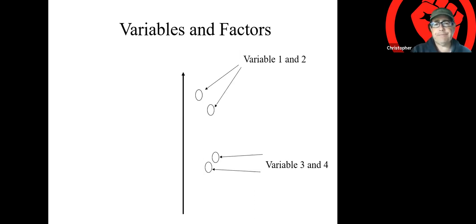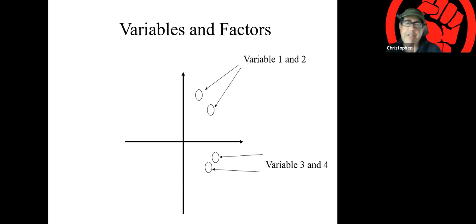Now, factor analysis is generally represented graphically with lines that look like this. These are technically vectors. What factor analysis is doing is trying to find the lines that capture the variability, capture where these variables are best.